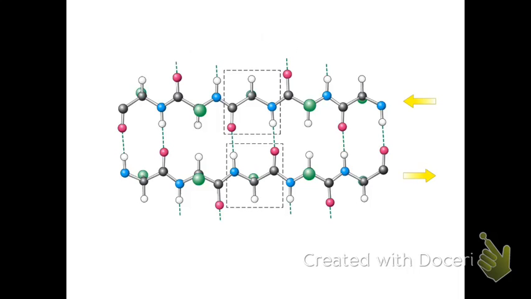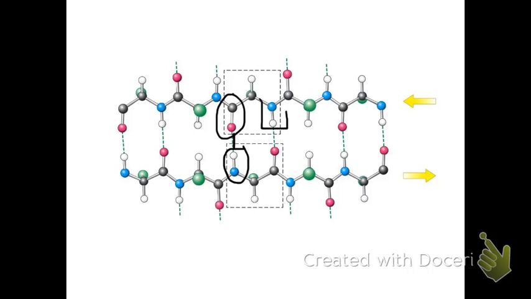Here is a closer look at beta pleated sheets. We can see here the carbon double bond oxygen, and this is the nitrogen-hydrogen in the peptide bond of another amino acid, and we have the hydrogen bond between them.